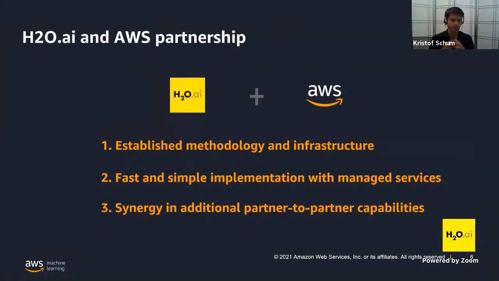The third piece is that there's a tremendous synergy in the additional partner-to-partner capabilities. As AI apps become more relevant for lines of business requiring automation, AWS connects partners to partners, more than 100,000 of them, like RPA or intelligent process automation partners with H2O, or system integrators bringing additional apps into the app store.